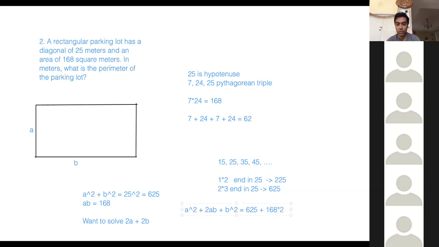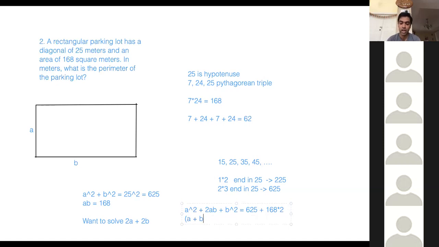Now, can I go from this to find what A plus B is? What is this A squared plus 2AB plus B squared in terms of A plus B? A plus B whole squared. Yes.